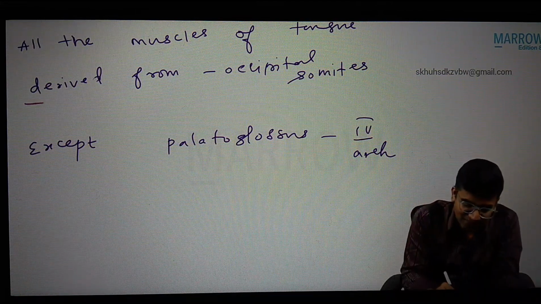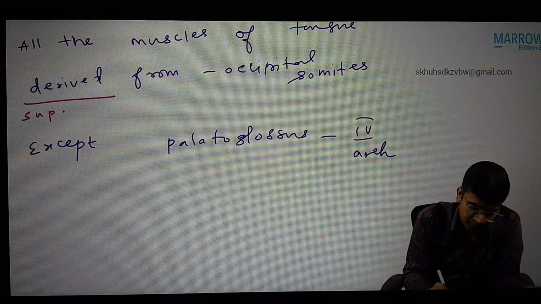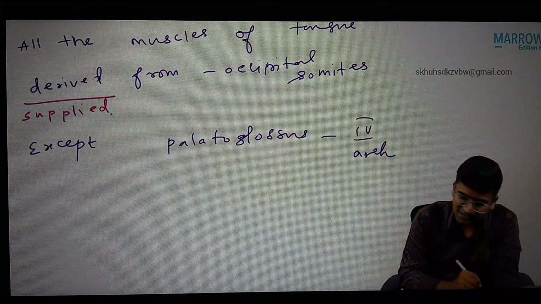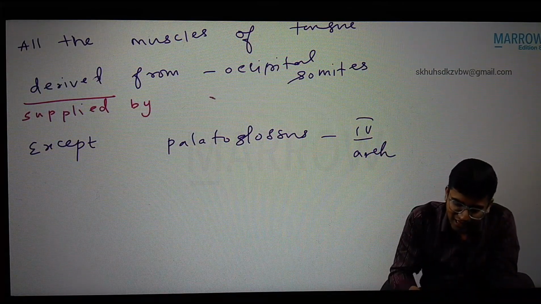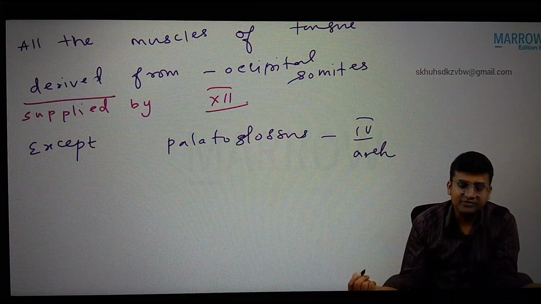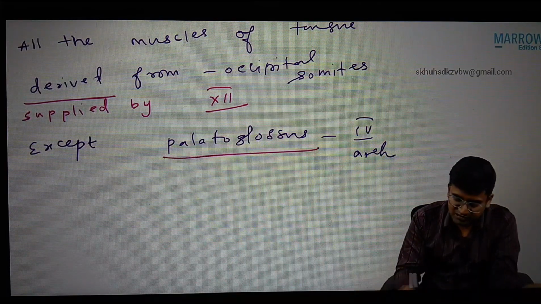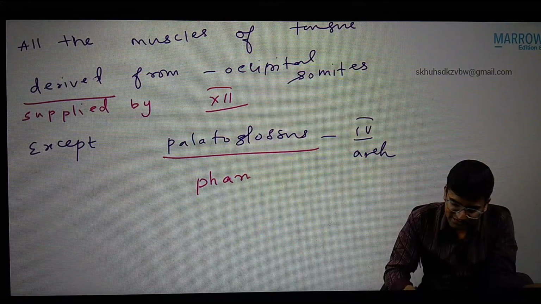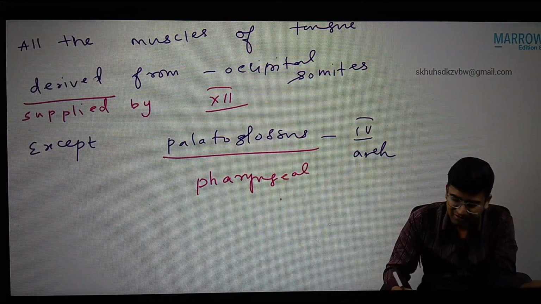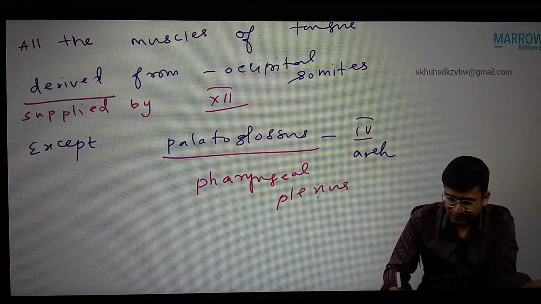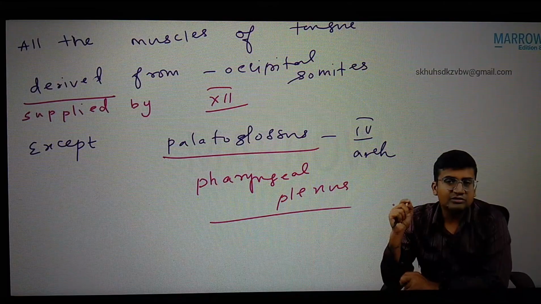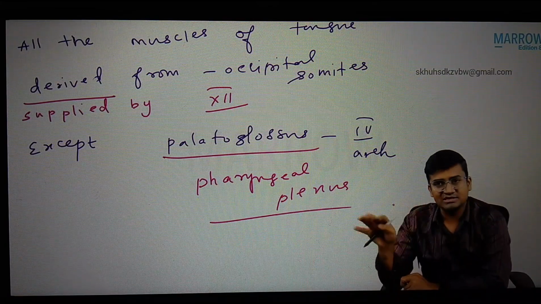All the muscles of the tongue are supplied by the hypoglossal nerve, the 12th nerve, except palatoglossus, which is supplied by the pharyngeal plexus. Same question only, but in a different format. Okay, right. So this is about the source and the nerve supply of the muscles.